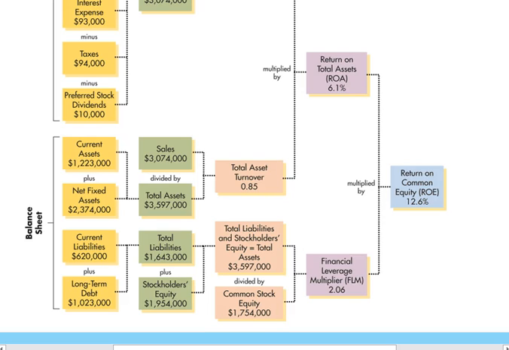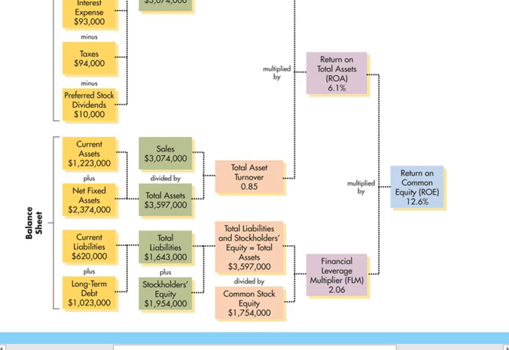It might be that my return on assets is lower, or my financial leverage multiplier has decreased. By multiplying return on assets by the financial leverage multiplier, we get return on equity.